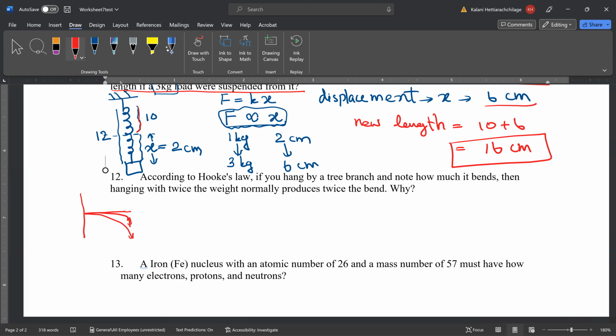So now you know that force is proportional to the displacement. Because of that, if you double F, twice F will double X also, right? So normally twice the bend.